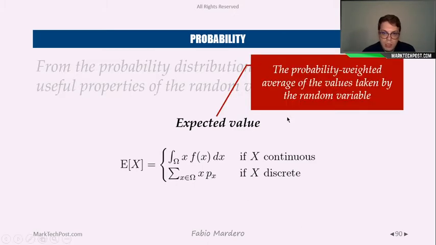So in practice, the expected value is just a probability weighted average. Here the probability is the weight, which is the probability of the event, that here can be described only by a density function. So the expected value is this probability weighted average of the values taken by the random variable.